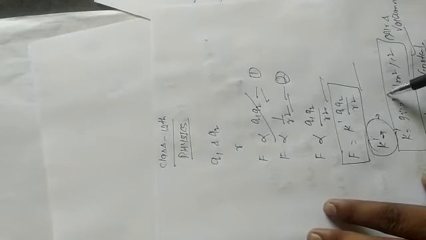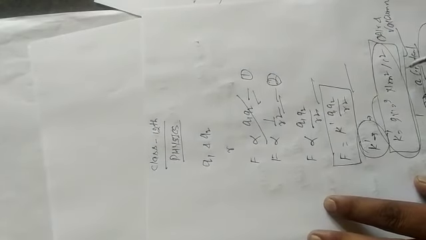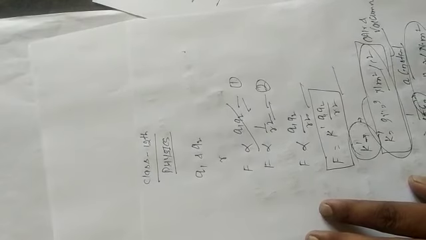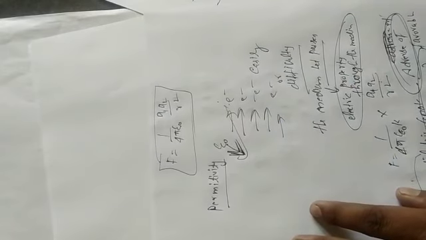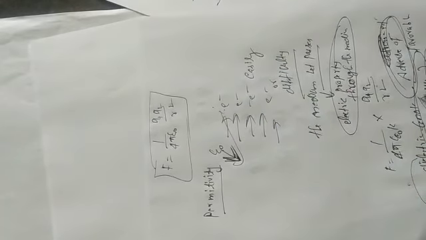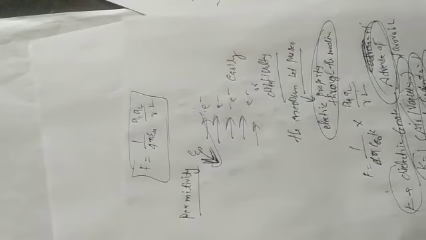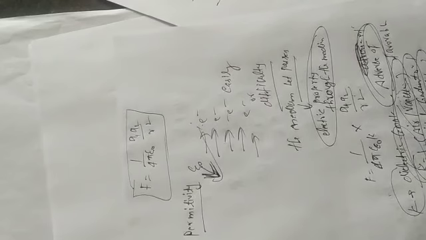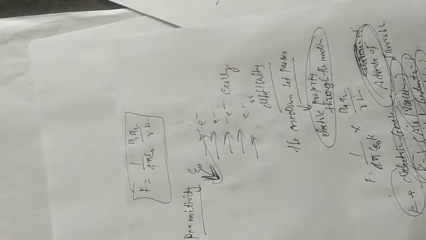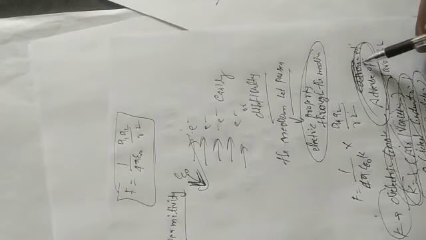Till now, I told you about Coulomb's law. The unit of K is Newton meter square per Coulomb square, and the unit of permittivity is Coulomb square per Newton meter square. The value of K is 1 for air and vacuum, infinity for an ideal conductor, and 0 for an insulator.